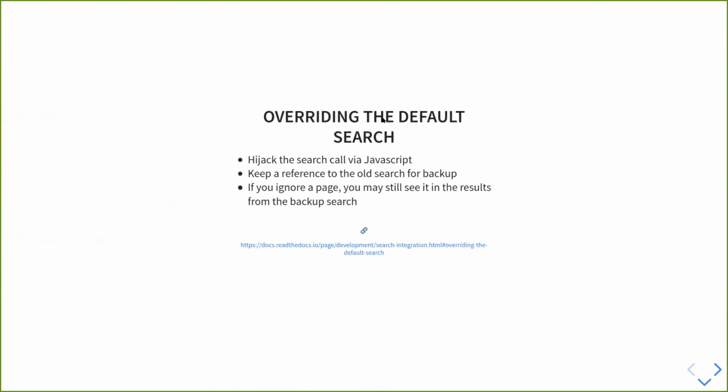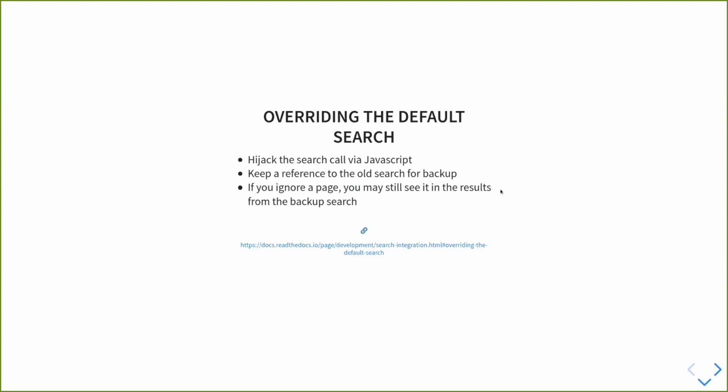And overriding the default search. So we provide server-side search inside the docs pages. This is done by overriding the default search. We do that by hijacking the search code via JavaScript, but we keep a reference to the original search. This is in case of backup. Like what happens if the API is down, or if we don't return results, we call the original search.